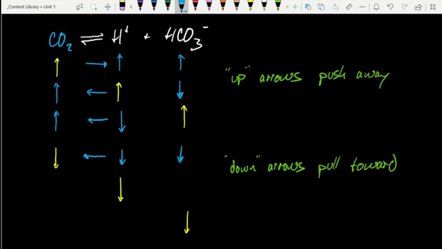Likewise, here the yellow is pulling down, so it's going to pull the reaction towards itself. We're going to see a decrease in the reactants and an increase in the products. And we're going to see that same thing here. We get pulled to the right. We're going to see a decrease in the reactants and an increase in the products.